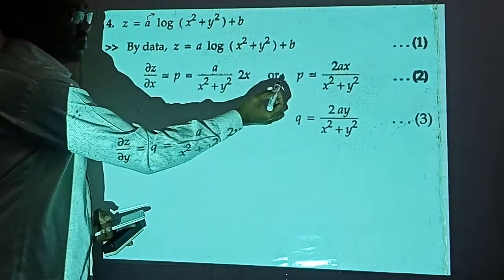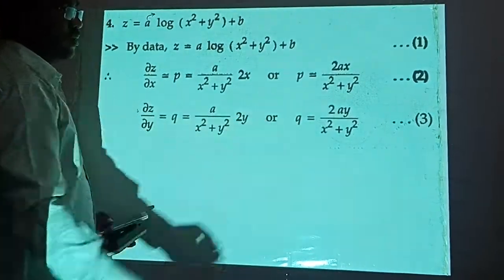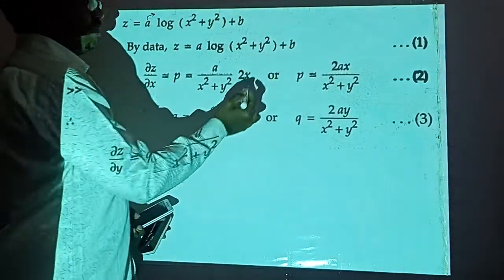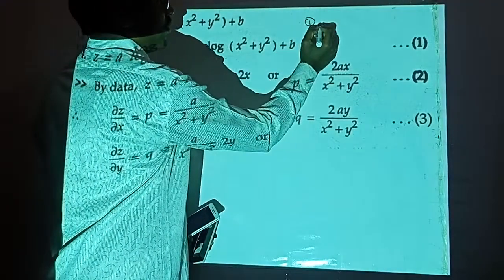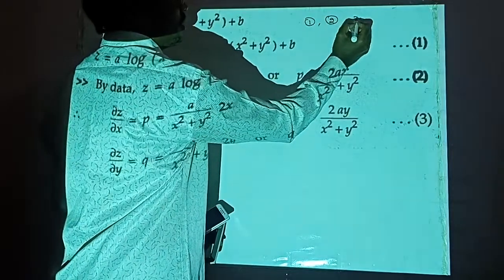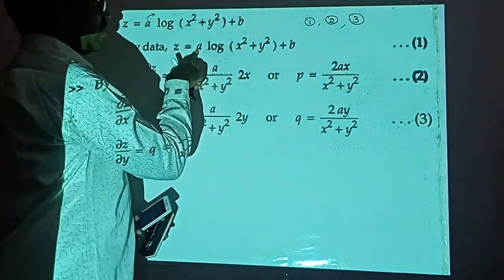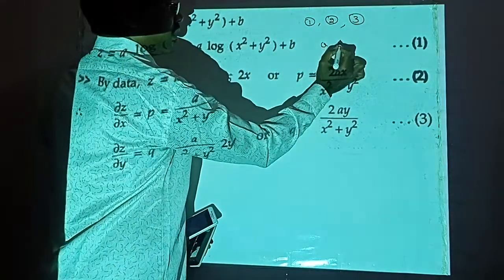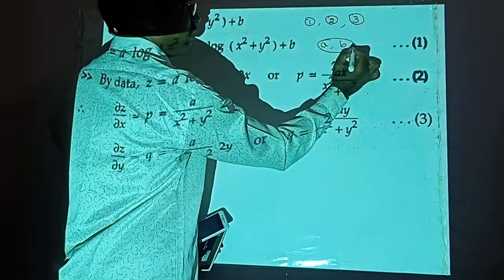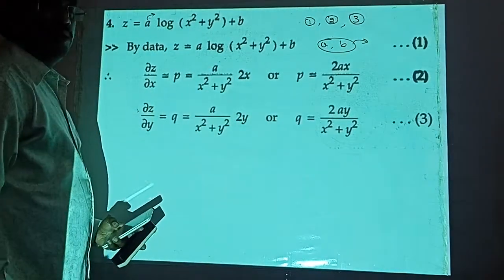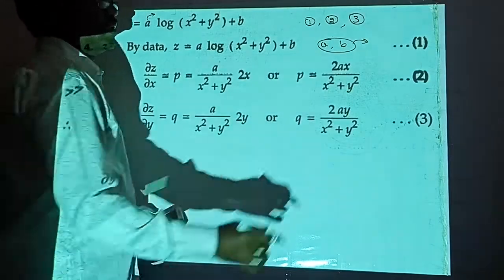So we have p and we have q. We have equation number 1, 2, and equation number 3. Our aim is to eliminate a, b. It is left to you.